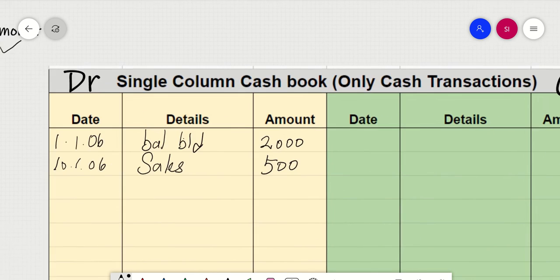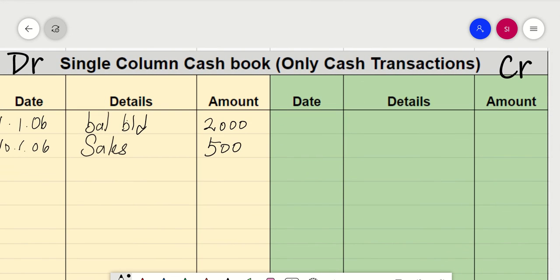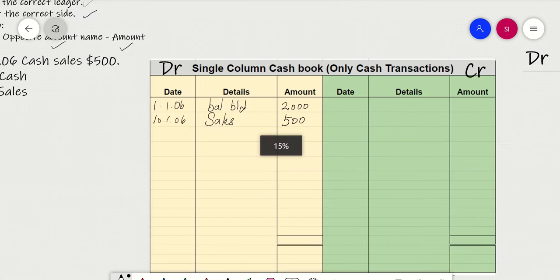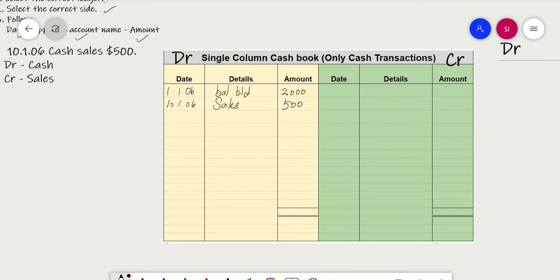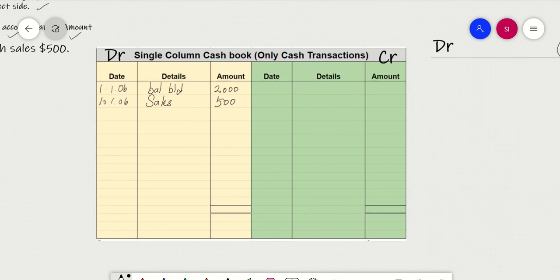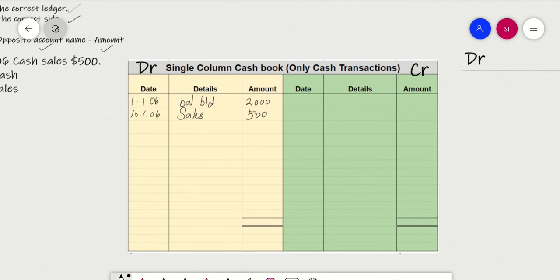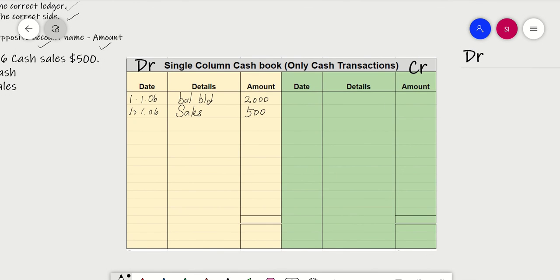So likewise, you enter the transactions in a single column cash book. At this stage, it is not required to prepare the other ledgers. I expect you to complete the single column cash book, enter all the inflows on the debit side, all the outflows on the credit side, and then you balance the ledger.